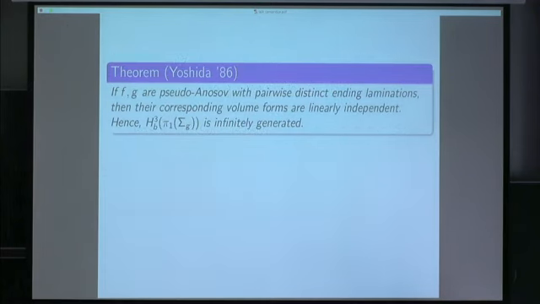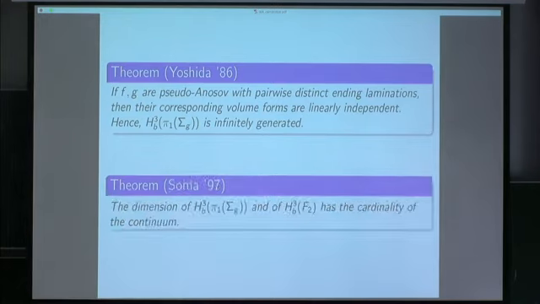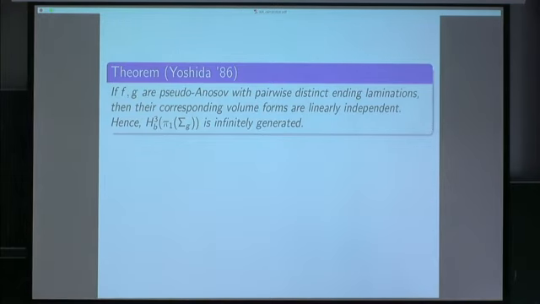Okay, now one can play this game in several ways, and the first who did this is Yoshida, who proved that different pseudo-Anosov maps give different volume classes, and so this space is infinitely generated, basically.